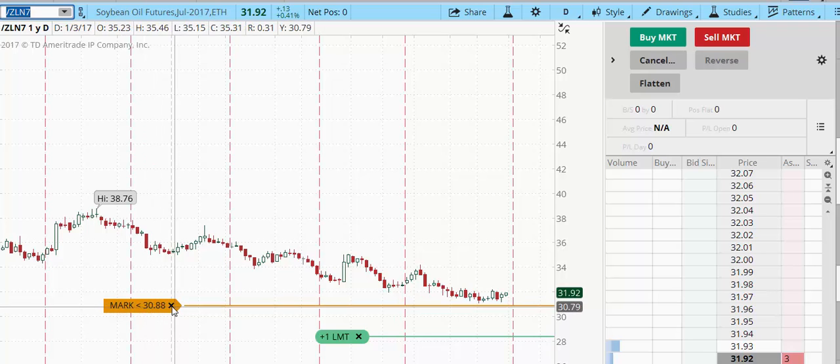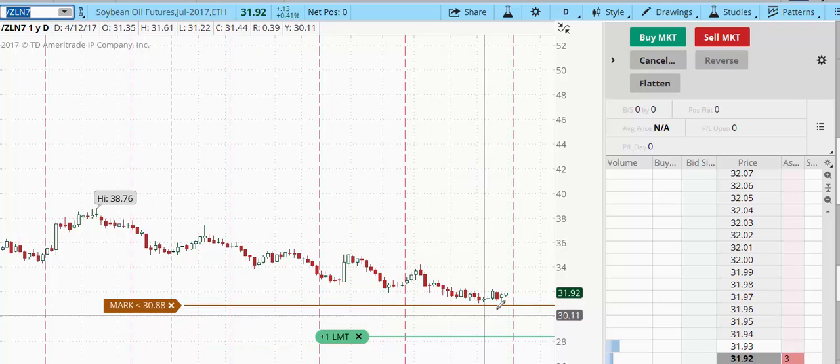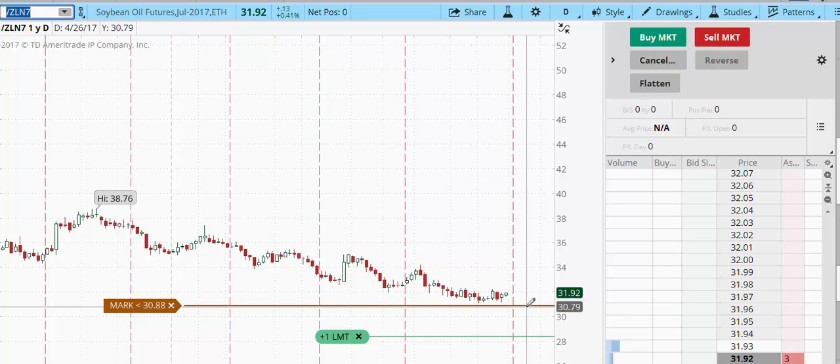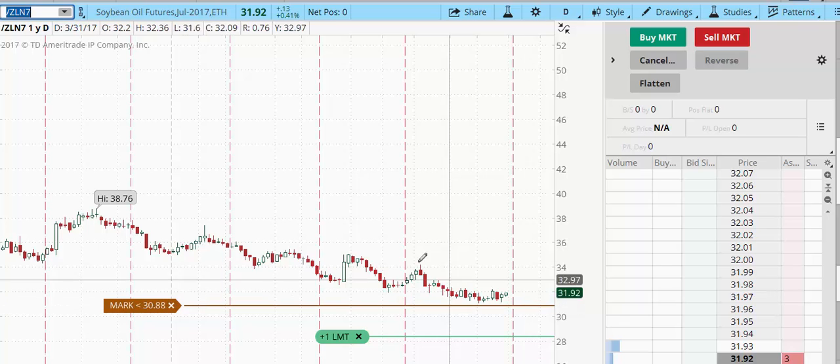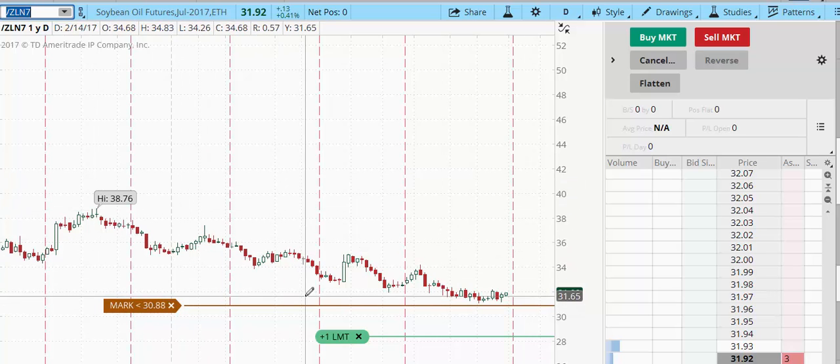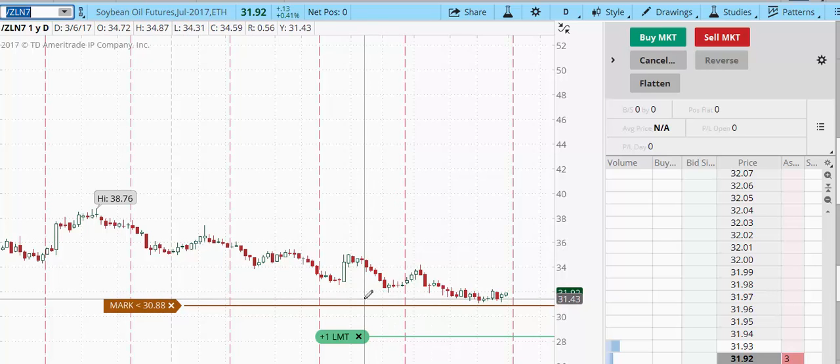Okay, so over here, if it goes down to 30.88, and right now it's 31.92, then my alert goes off. Okay, so at this time, what I've done is I've looked at the pattern, right? And I've drawn the lines and said, no, I think I would find it more interesting as if it went down to here. Okay, so I have no position. See?